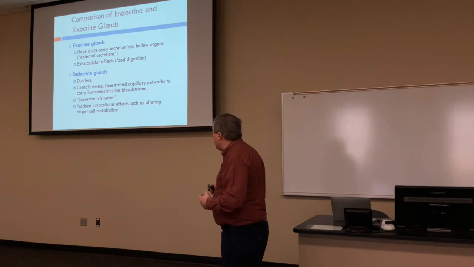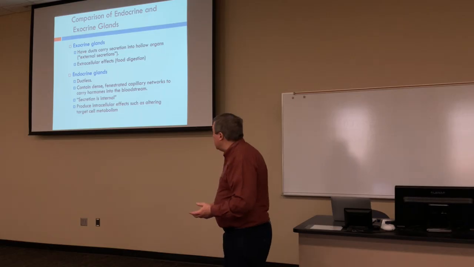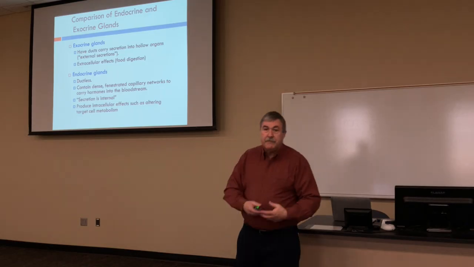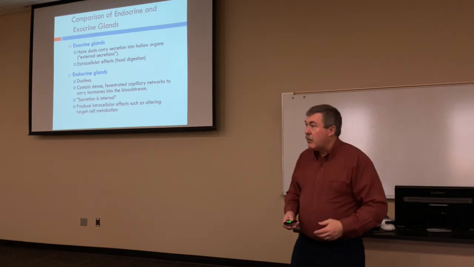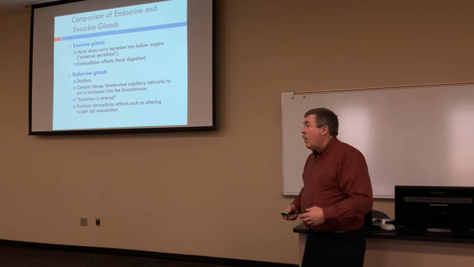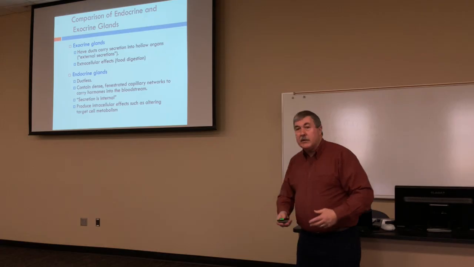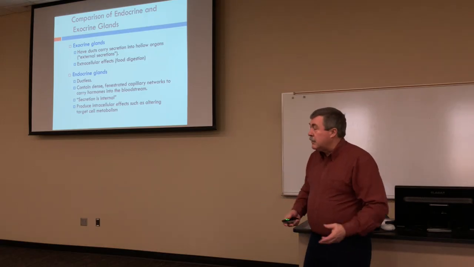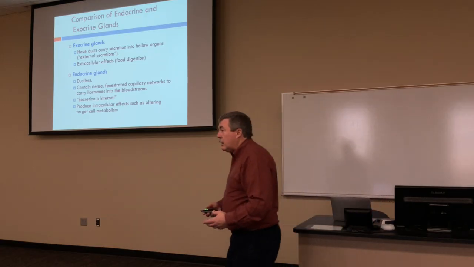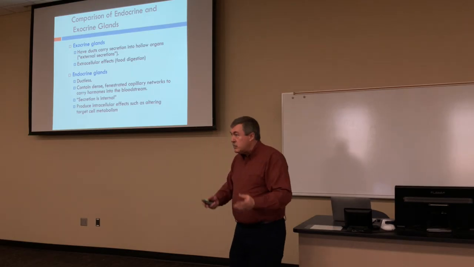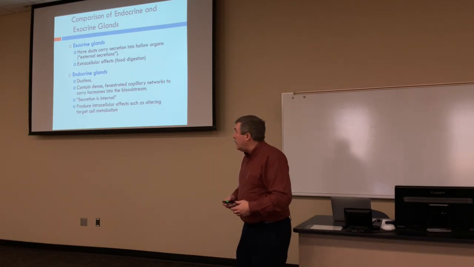And endocrine glands produce intracellular effects in their target organs, such as altering the metabolism of the target organ. Okay? Or it could activate a signaling system in the organ, which can cause some change in the physiology of the organ or tissue.